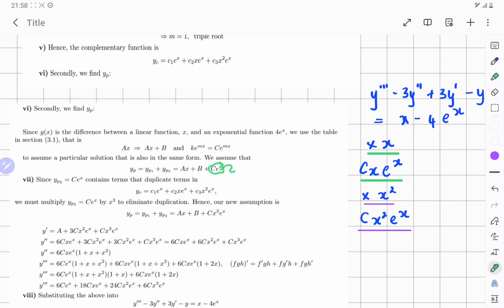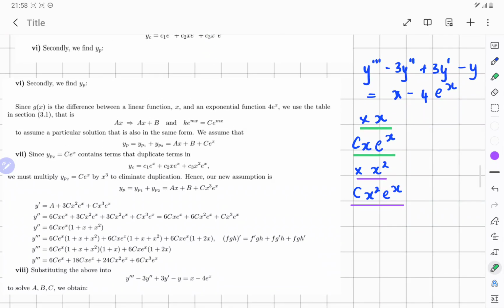I get cx squared e to the x. But what do I see? It is still duplicated in my complementary function. So therefore, I times by x cubed to eliminate duplication. When I times this term by x cubed, I get cx cubed e to the x. That term stays the same.